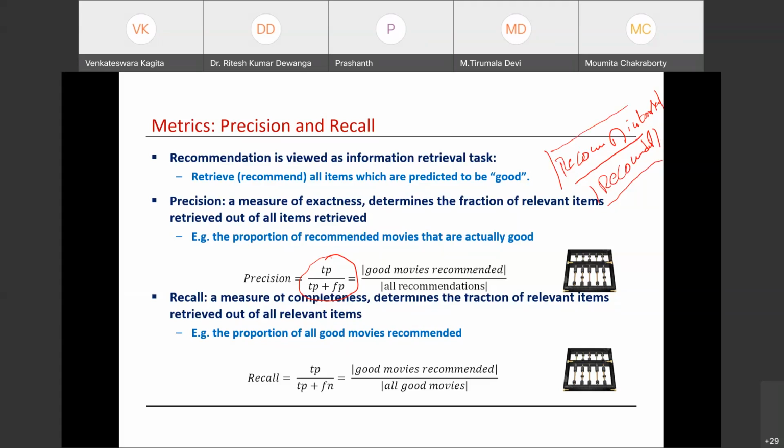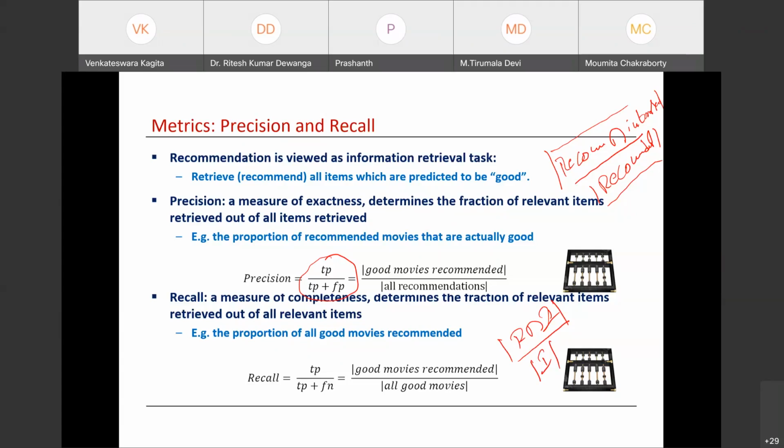And recall is the same thing in the numerator, recommended intersection interested, divided by all interested movies by the user, all the movies liked by the user in the test set.